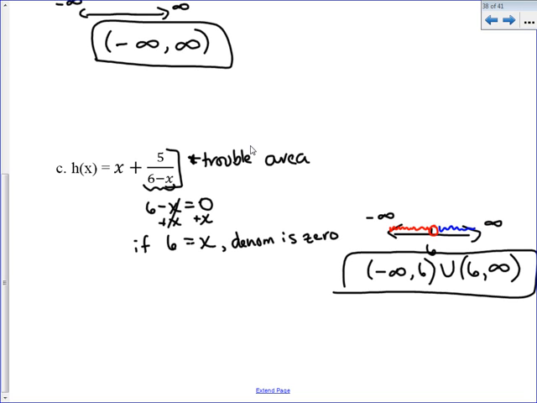Any questions? So again, we have 3 different types of domain now. If you're asked for domain from a set of points, you use the squiggly brackets because it's a set. If you're asked for domain from a graph, you have to look at your parentheses, brackets, your x's and y's. You also do range. If you're looking for domain from a function, what you're focused on is that trouble area.